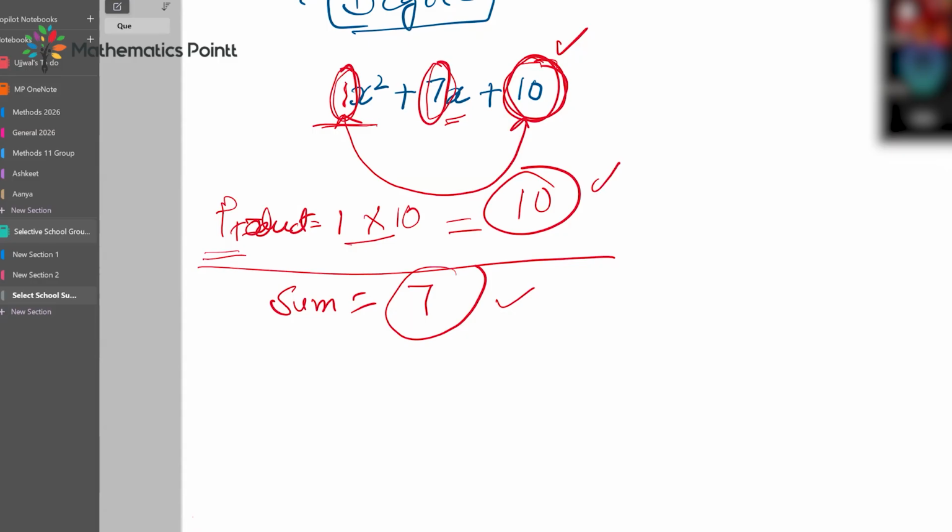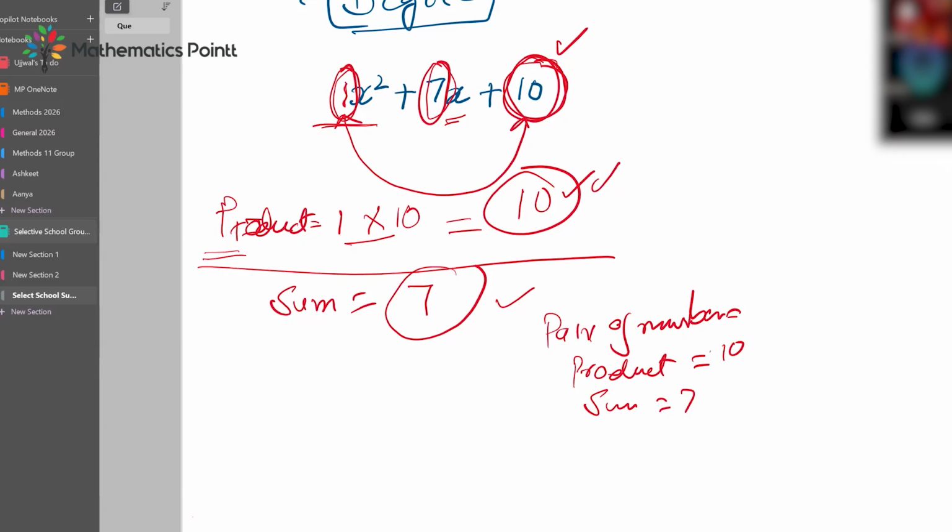Now, the question is to the group, and I want you to be on the chat. Give me a pair of numbers which when multiplied together should give me 10, and when added together should give me 7.